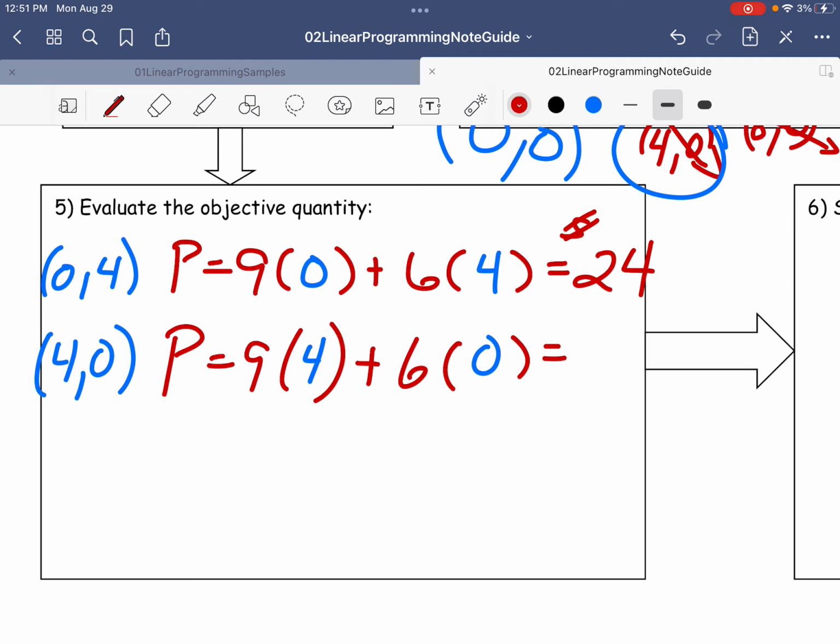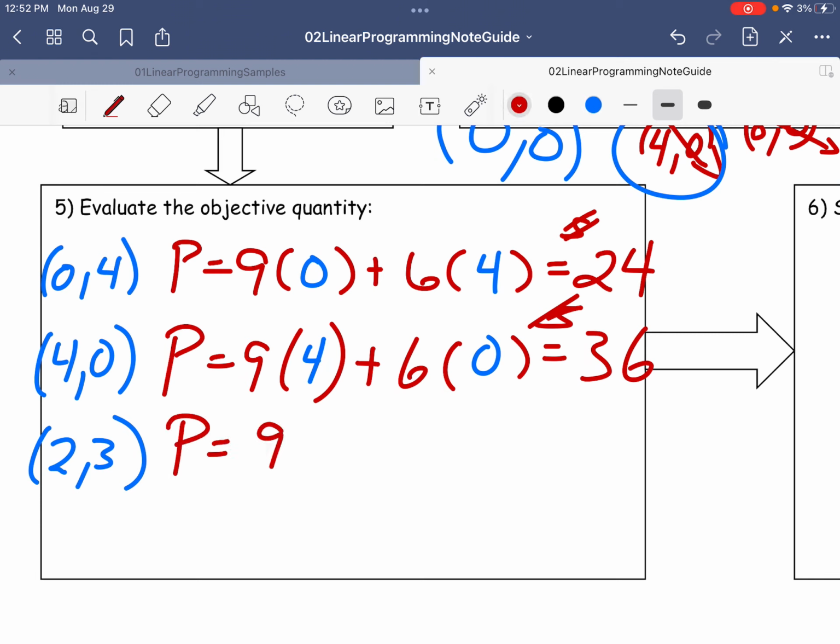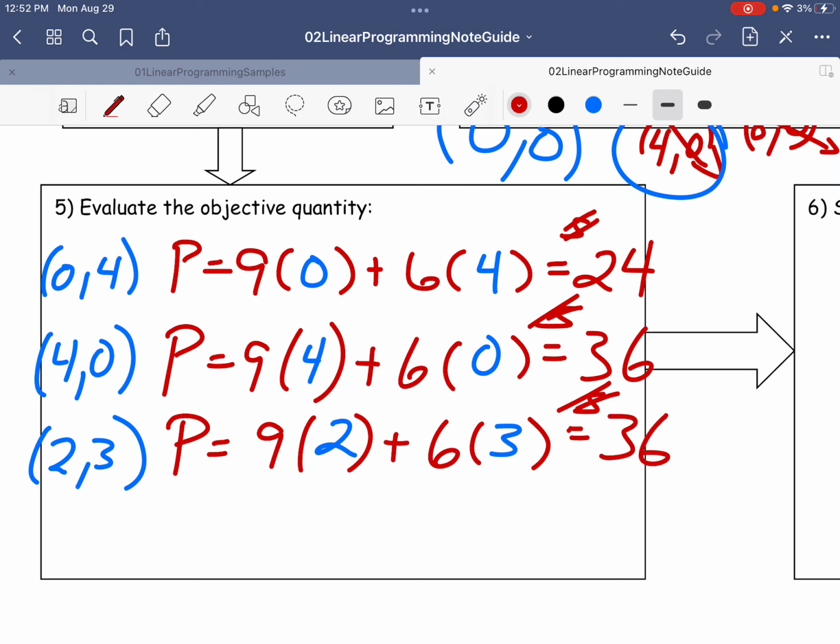Looks like $9 times 4 phones plus 0 is $36 profit. Woohoo! Even more. What if I make a little bit of each? It turns out that if I make 2 deluxe phones and 3 standard phones, I'm going to get 18 plus 18, which is also 36.